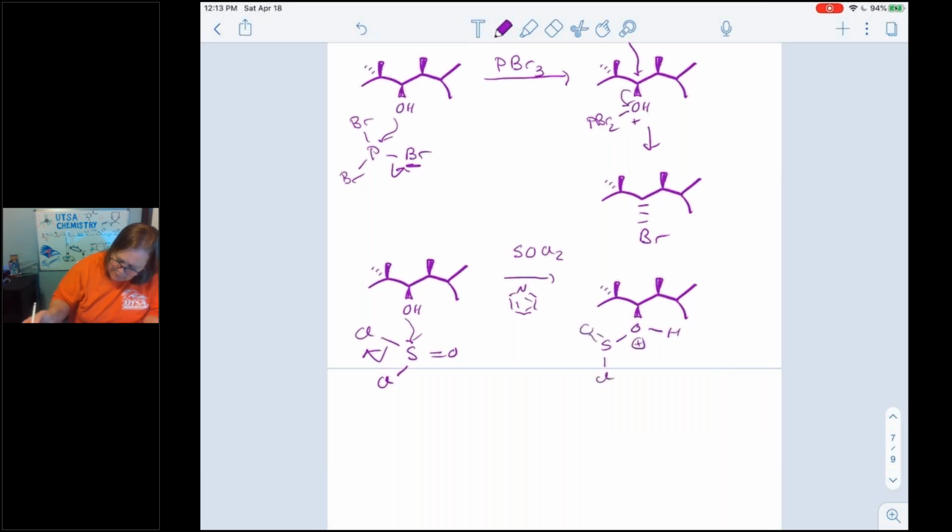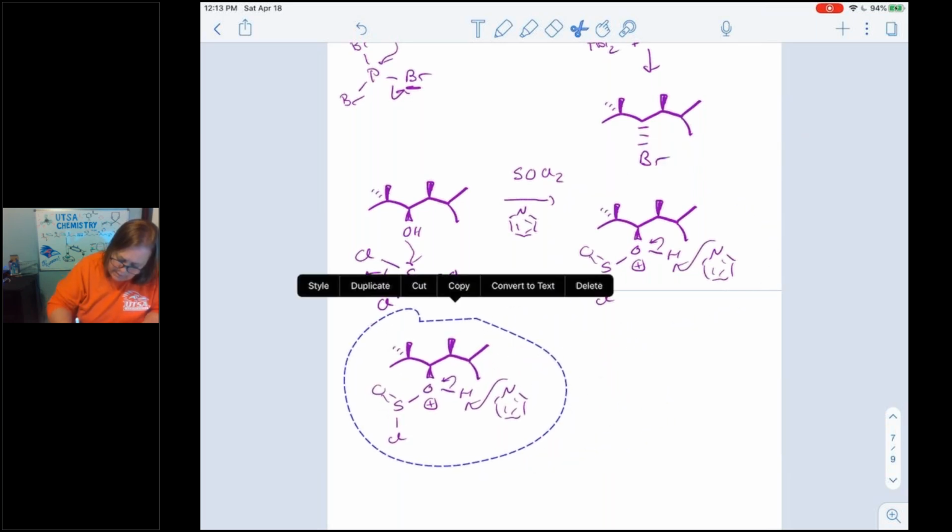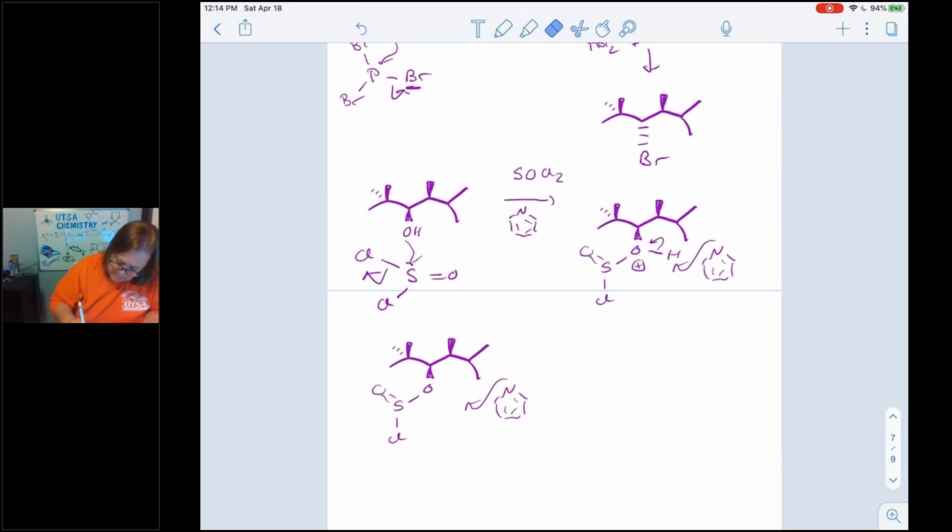And pyridine is the key. When I have pyridine, that's when I know I need to do a deprotonation step, so I'm going to go ahead and do that. That's going to give me this guy here. The chloride that we formed in this step is going to come back here.